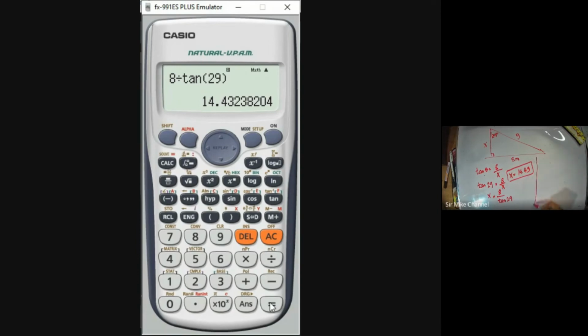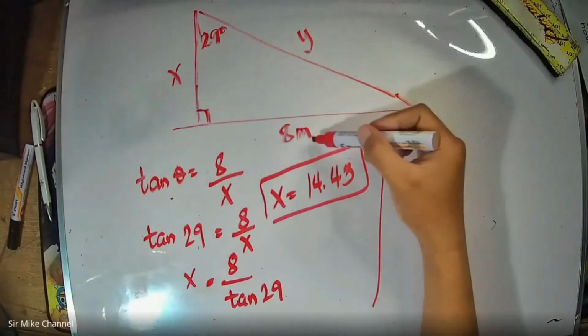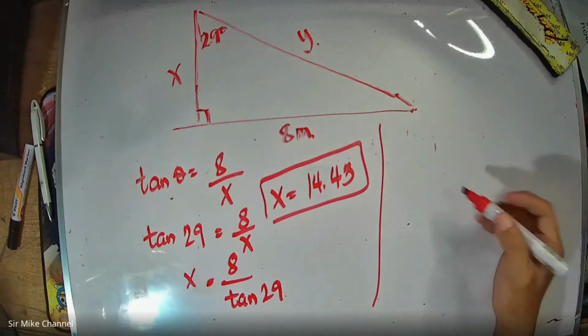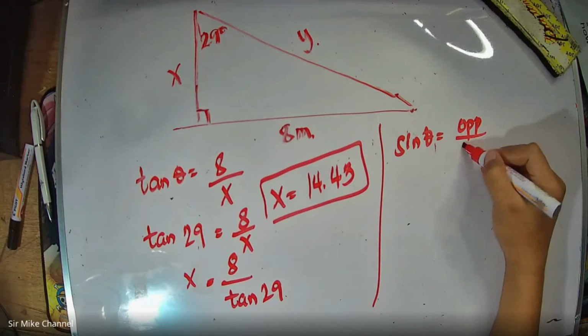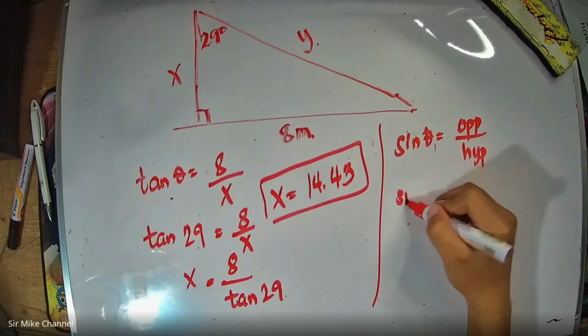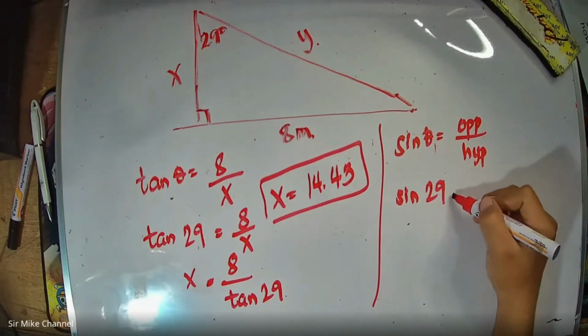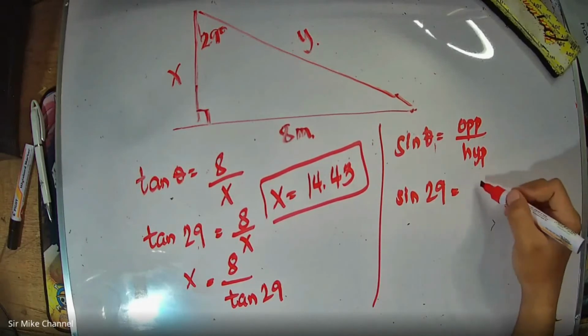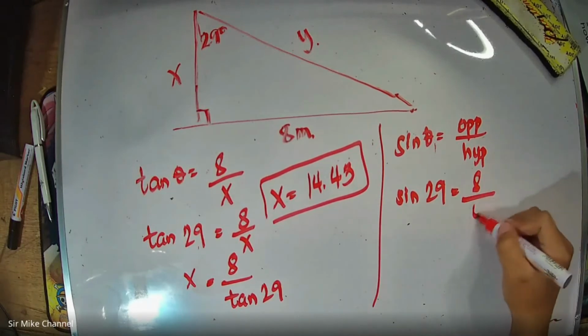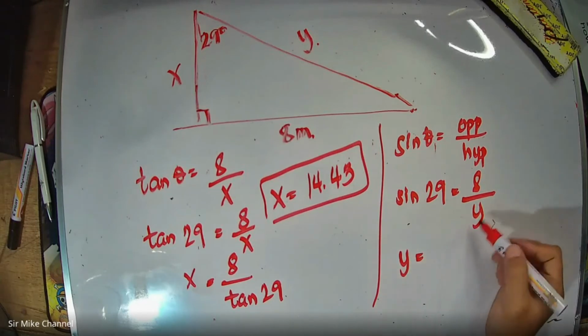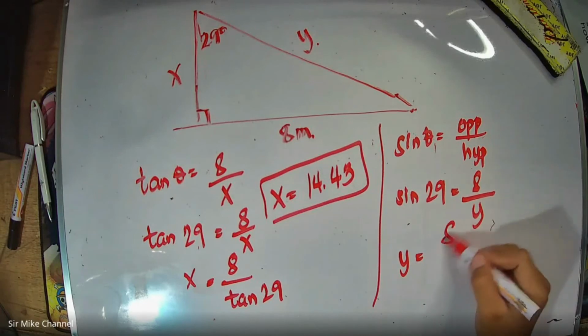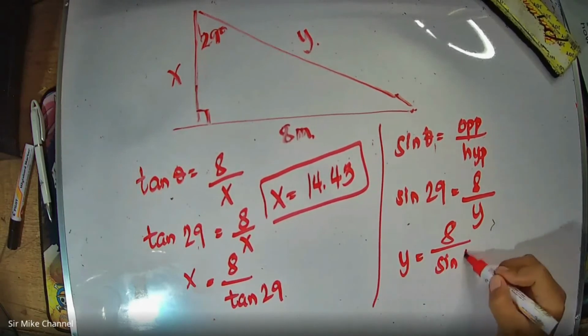Okay, next naman, yung y naman ang susolve natin. Okay, so opposite tsaka adjacent. Opposite, so meron tayong sine theta, opposite over the hypotenuse. So sine 29, itong reference natin, yung opposite natin is 8 over the y. So cross multiply natin, y is equal to, siyempre, multiply to divide pa rin natin yung 8 divided by sine 29.